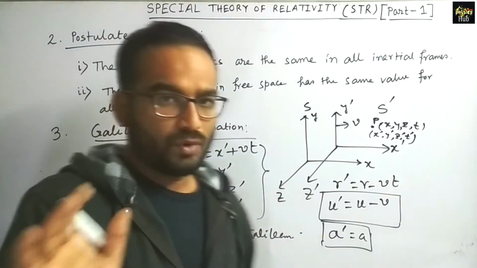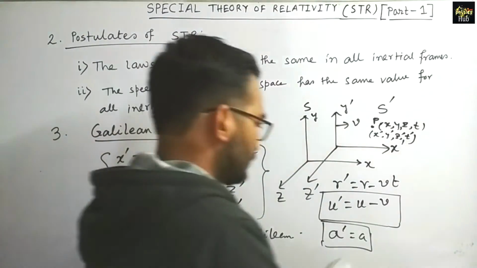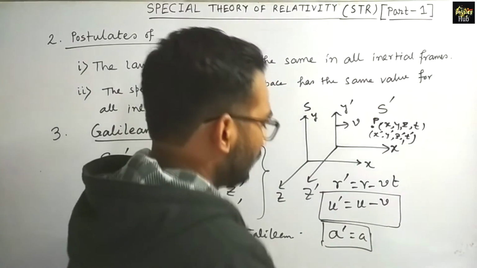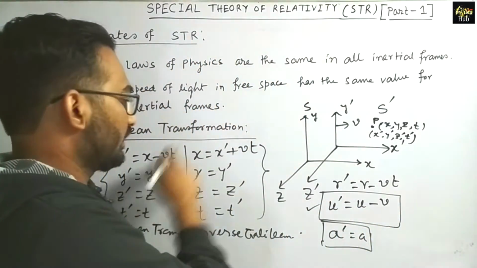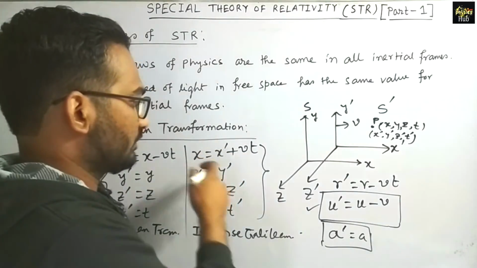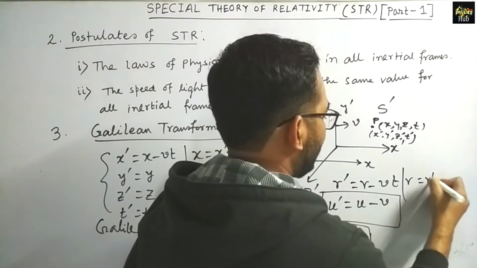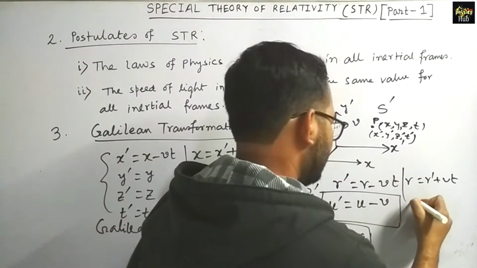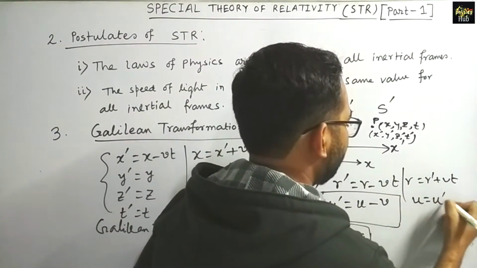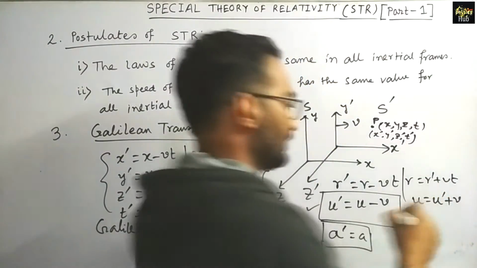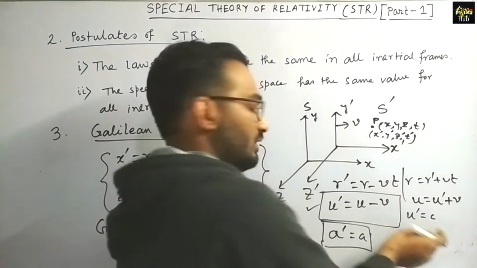Now what is the problem of this Galilean transformation? From this relationship, if we apply the inverse transformation, similarly we get r equals r prime plus vt, and u equals u prime plus v. Now let's suppose u prime is c, the velocity of light.